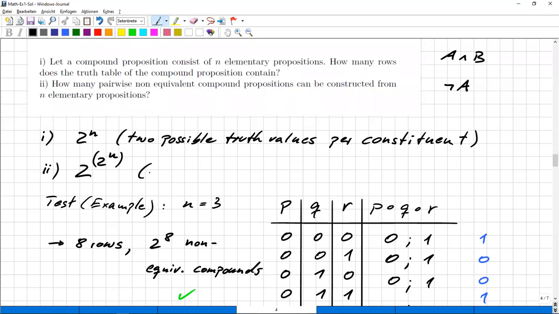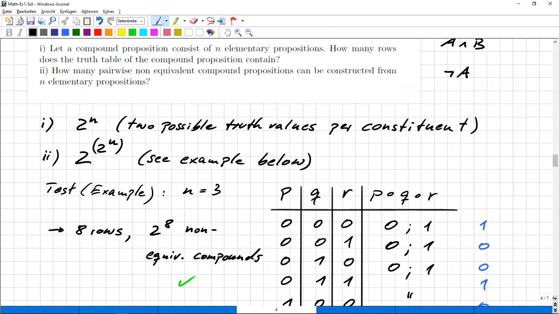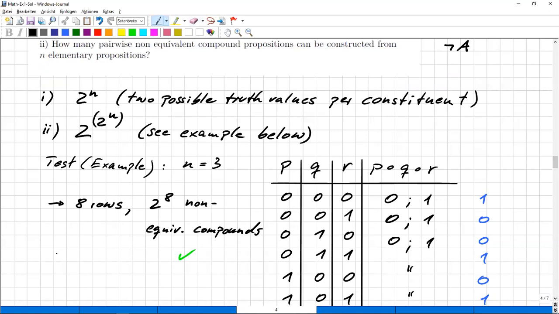I say see example below. So in the example, you could say we tested it. I put it here. 2 to the 3. Okay, 2 power 3. And of course, this is the 8, and so it's 2 to the 8.